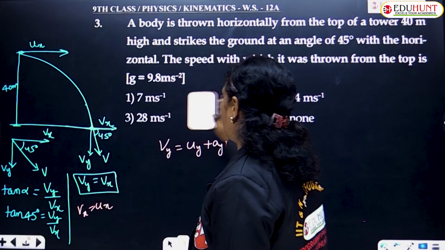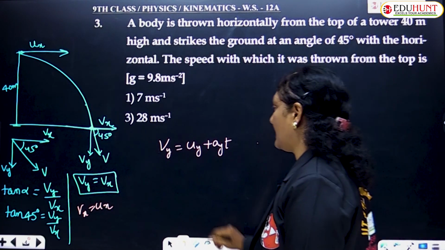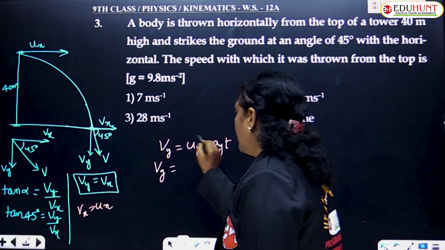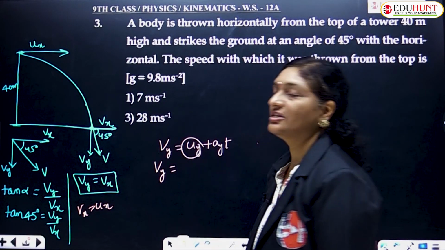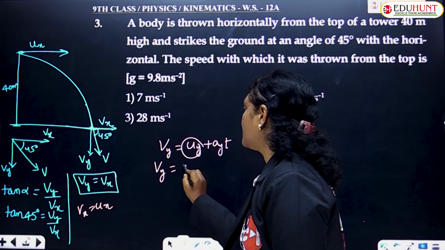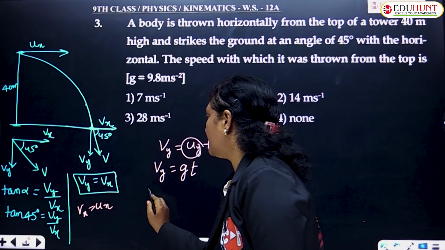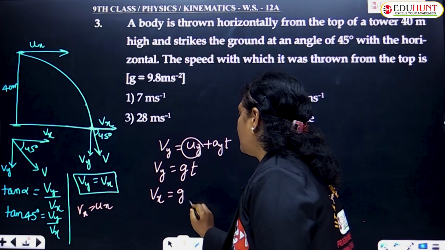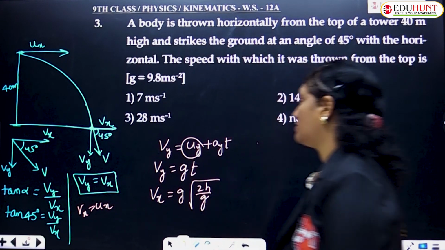During the vertical motion, the first kinematic equation is Vy equals Uy plus Ay into T. This is an example of a freely falling body. So for a freely falling body, the initial velocity along the vertical, Uy, is taken as 0. Acceleration along the y-axis is g, into t. But what is the value of Vy, children? It can be replaced with Vx, so Vx equals g times t. Time taken to reach the ground in terms of height, the time of descent, is root of 2h by g.